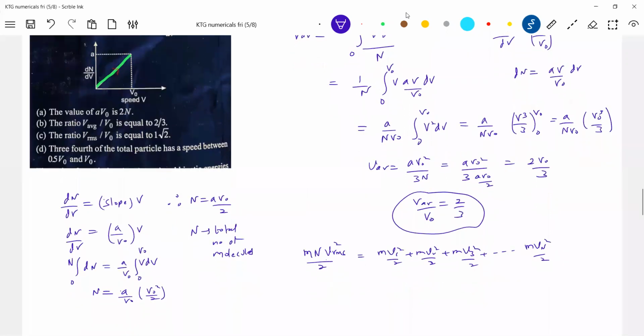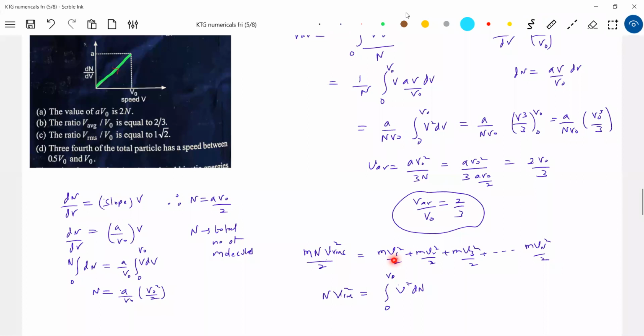So this we will rewrite as N into v RMS square is equal to the integral of v square dN, from 0 to v naught, because the speed of molecules changes continuously.